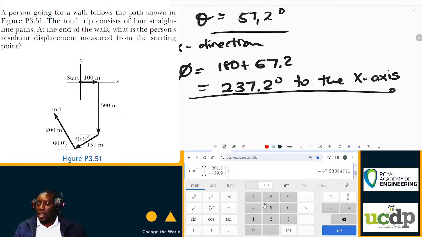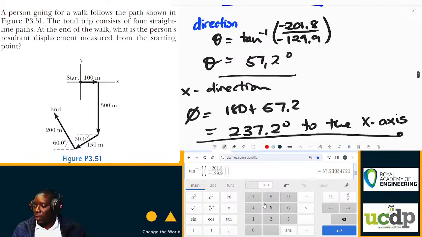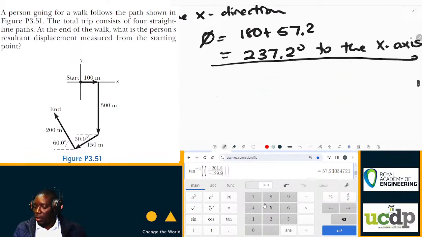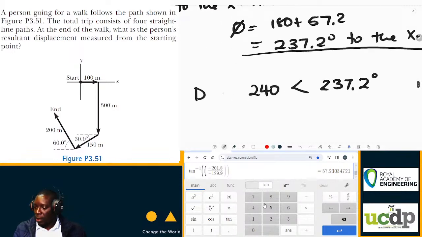So if you count your 57.2 plus 180 there, you are just going in the opposite direction with a magnitude of 240 meters. So it's 240 meters at 237.2 degrees. That's the resultant displacement.